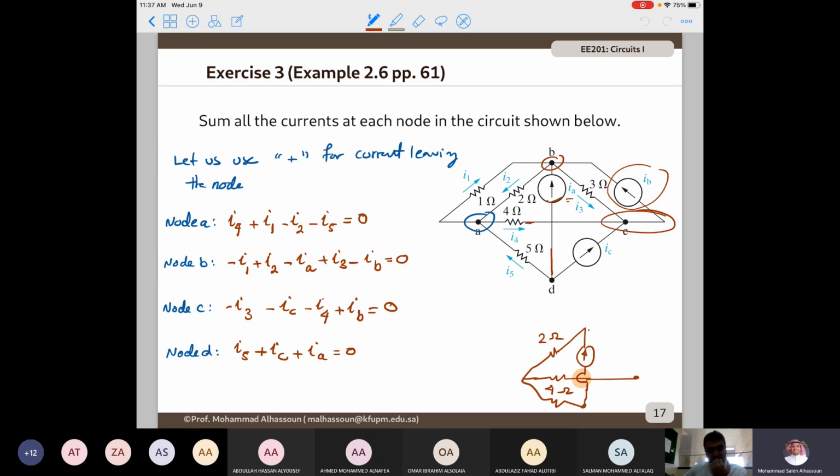It's not leaving the node. Those kinds of assumptions are what we need when we solve circuit analysis. We always assume a direction. If we get positive, our assumption is correct with regards to direction. If we get negative, our assumption is incorrect with regards to the direction. Okay, good.